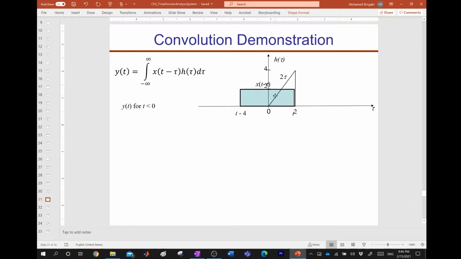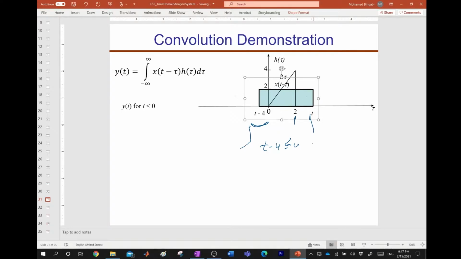When t is larger than 2, now it's full overlap, and that full overlap will continue until that edge, t minus 4, equals 0 or less. There is full overlap. And also this edge here, t has to be larger than 2.